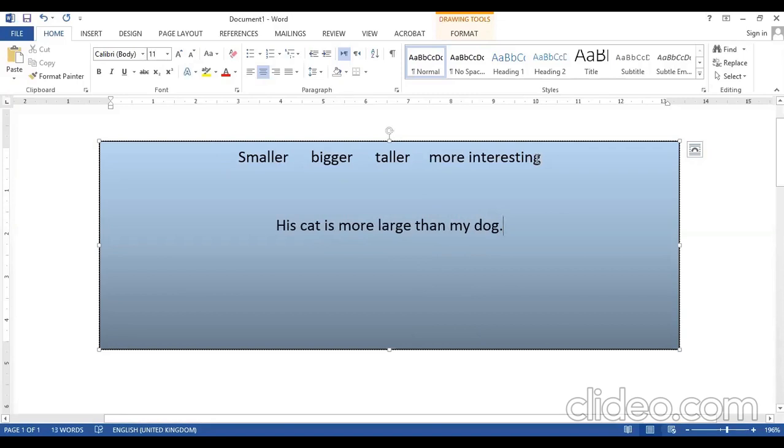Why? Because the correct form should be like this: his cat is larger than my dog, right? So what makes the first example wrong and the second one right?